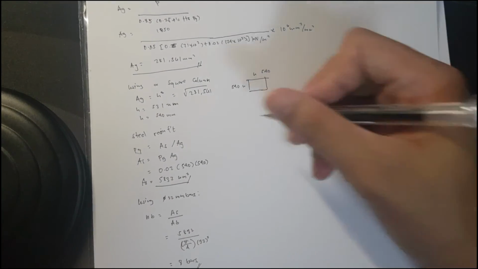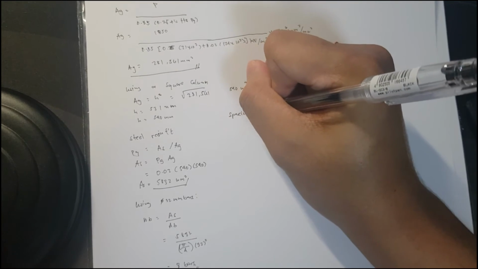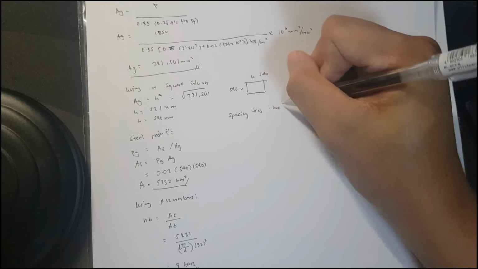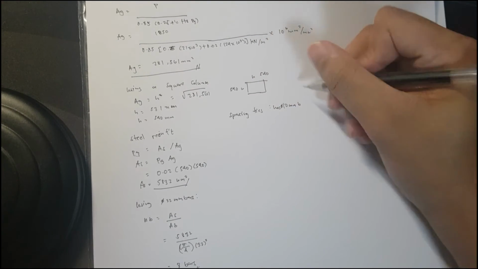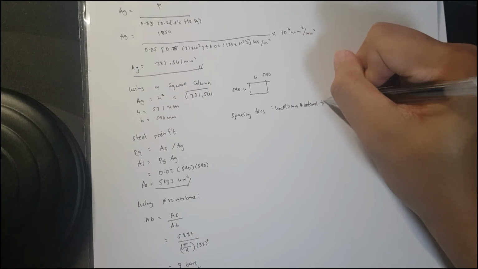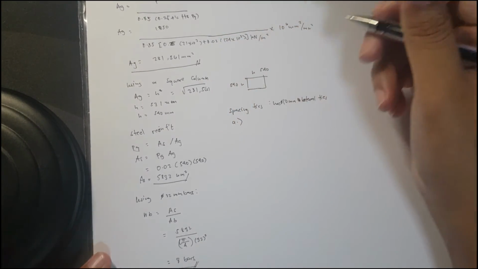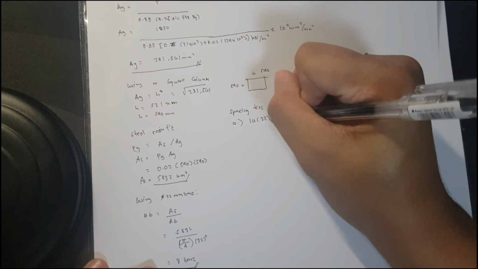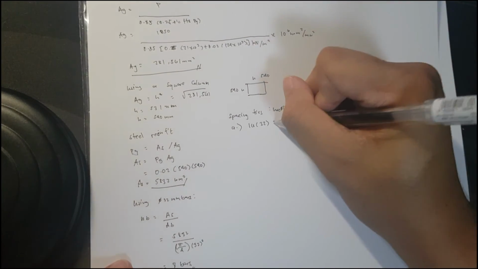So for spacing of ties, use 10 millimeter diameter lateral ties. So in A, kinukuha natin dito yung spacing niya. 16 times 32, yung 32 natin is yung 32 millimeter diameter bars na ginawa natin kanina.